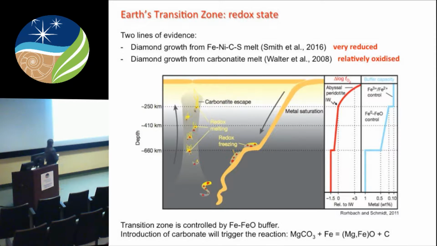So there are kind of, although these two are not really controversial to each other, two lines of evidence that diamond growth can form in a very reduced environment, like a paper that recently came out in Science by Smith et al., who showed that diamonds can crystallize from Fe-Ni-C-S melt, which would be well more reduced than iron-wüstite.